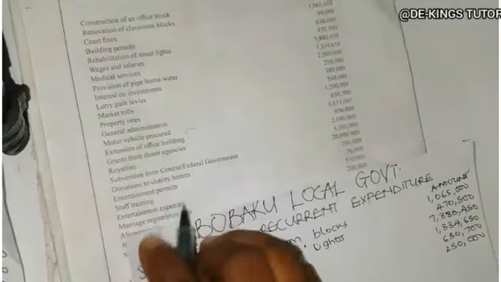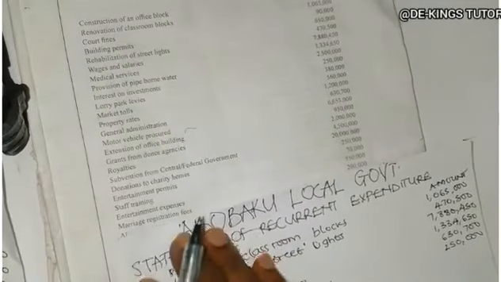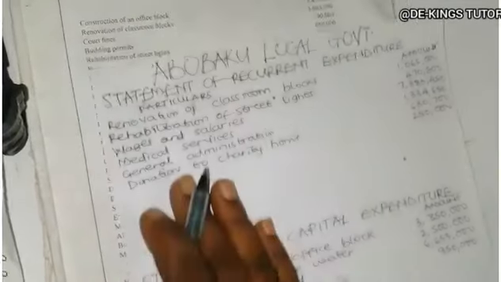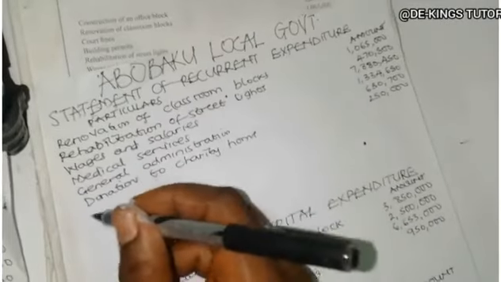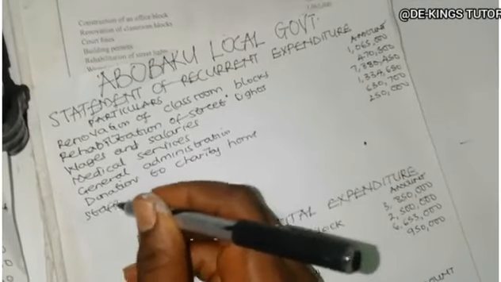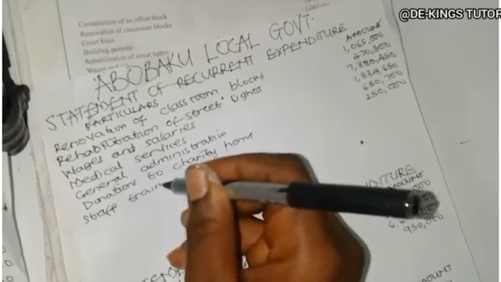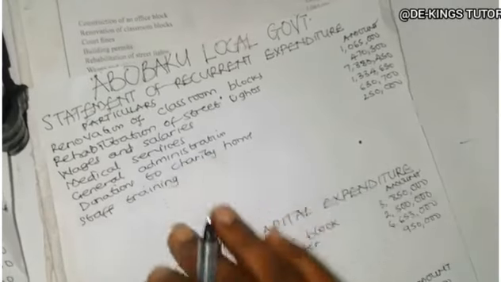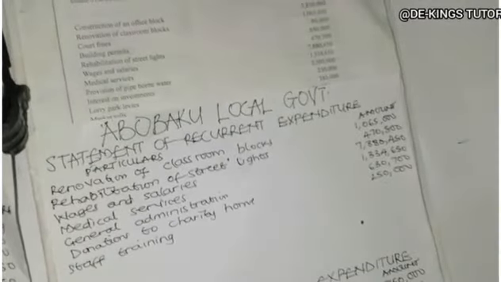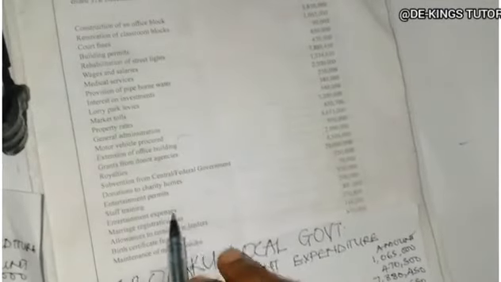The next one is staff training. It's an expenditure they might do regularly. Staff training is 550,000.